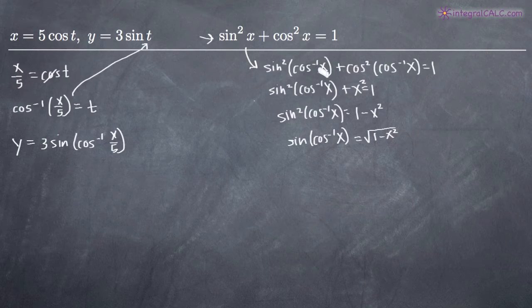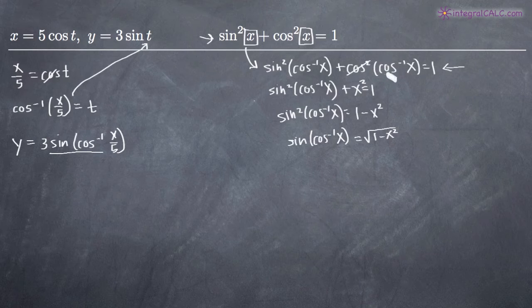What I've done is created this formula here for us that's going to allow us to evaluate this sine of the inverse cosine function. You can derive that from the Pythagorean Theorem by plugging in cosine to the -1 of x, or the inverse cosine of x, for both of these x variables here. If you do that, you can see we're going to get this step here.